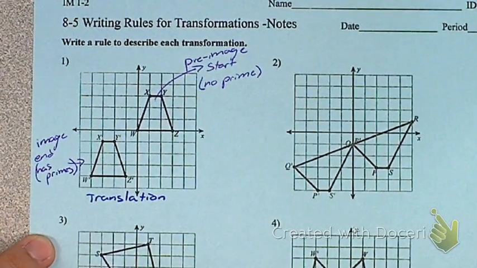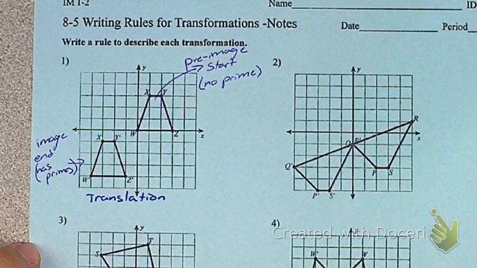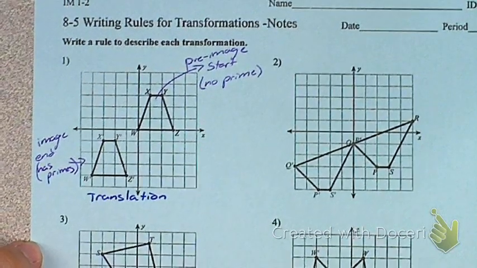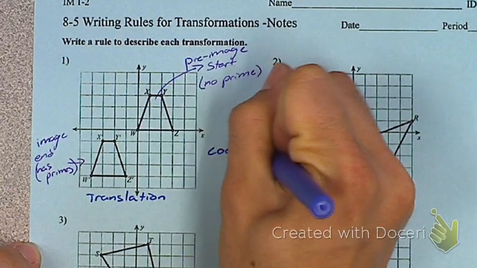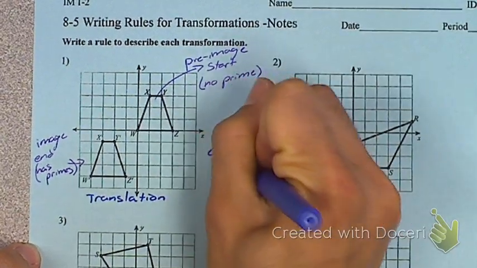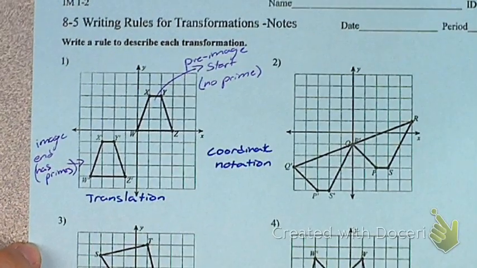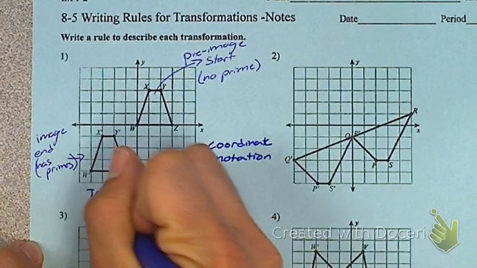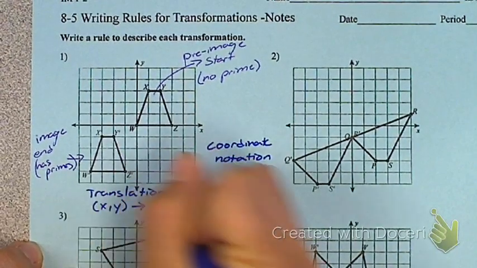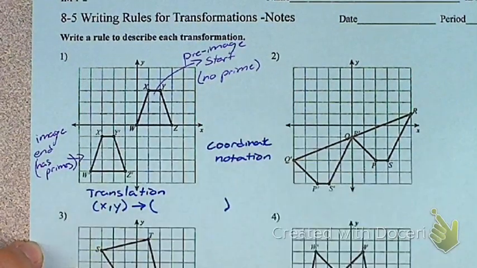Just writing translation is not enough. Now you must tell me the rule. Tell me how much, which direction, all of that stuff. I want it in coordinate notation. How does that start? X, y is mapped to, and then I have this bigger piece here.